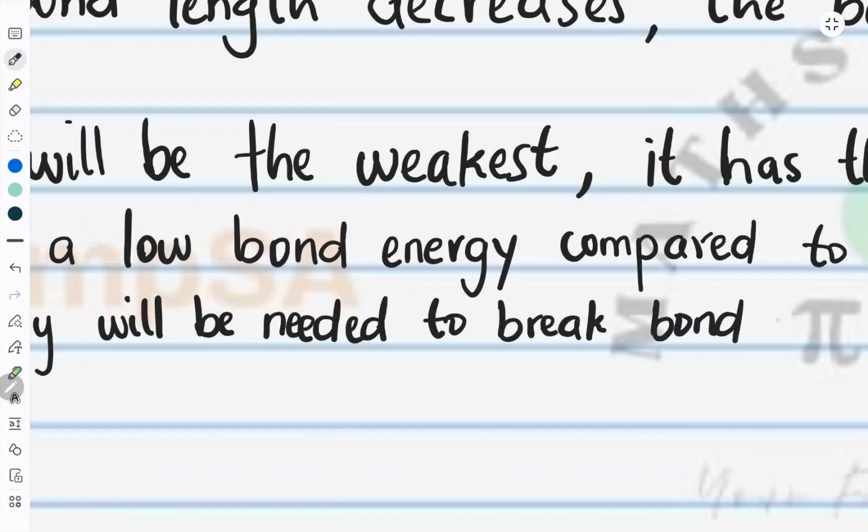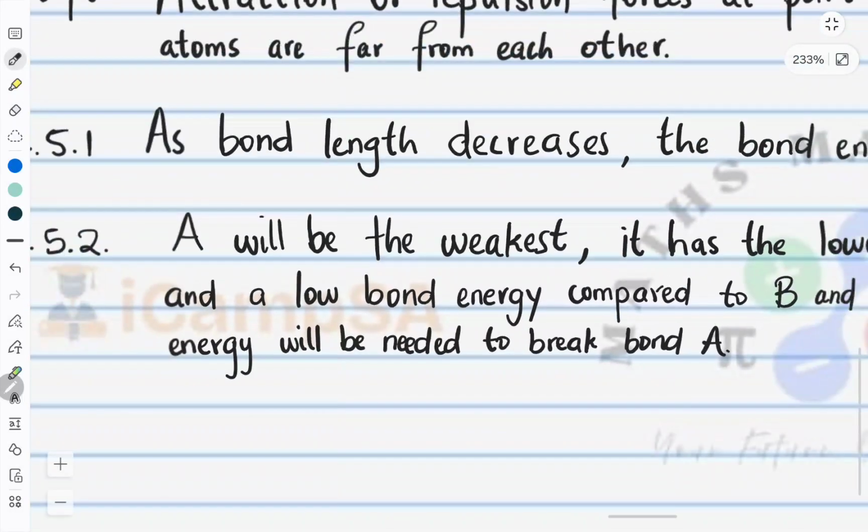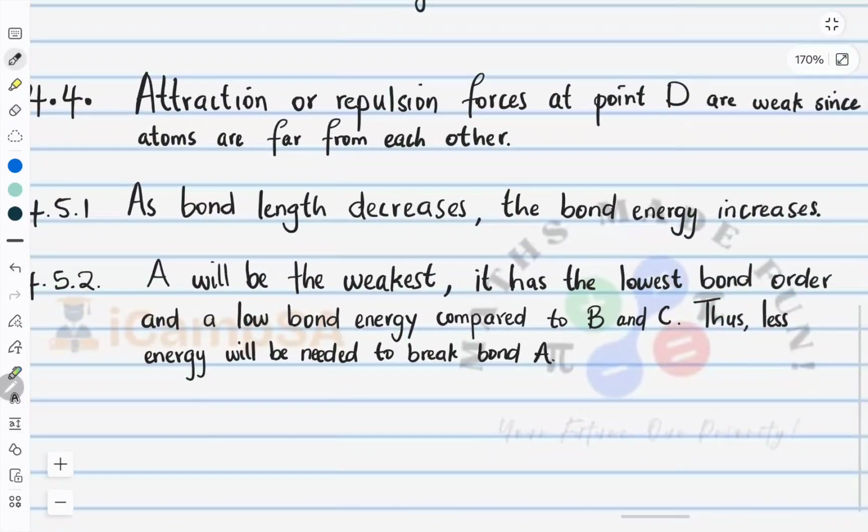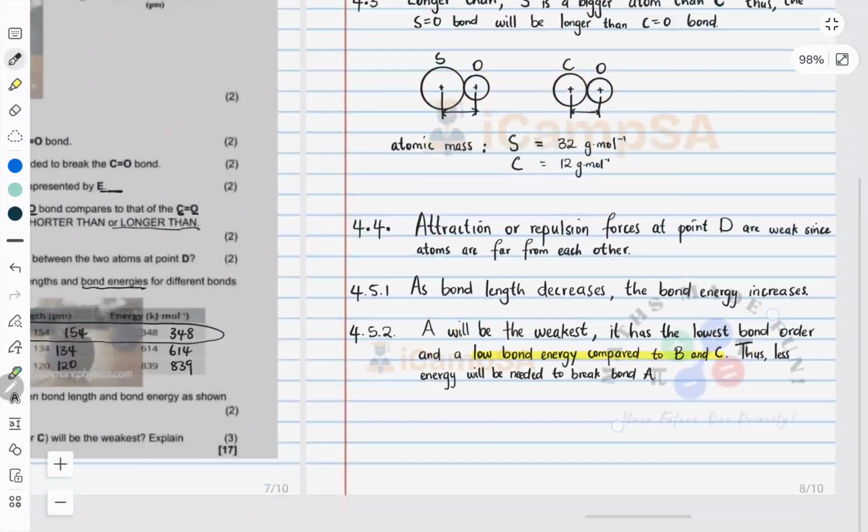It does sound like I'm saying the same thing here, because if I say less energy will be needed to break bond A, it's the same as saying bond A has the lowest bond energy compared to B and C. But it's fine, it's still correct.